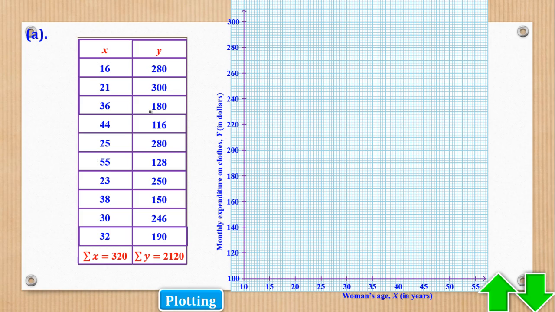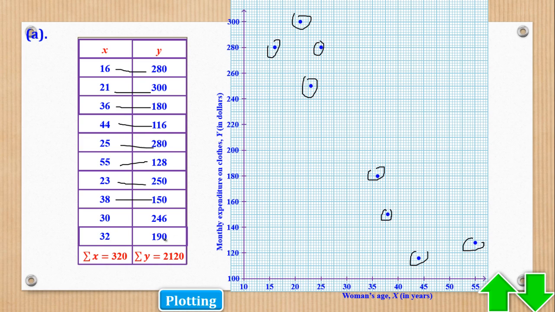Then from there, we're going to now plot. 16 corresponds with 280, which gives that. 21 corresponds with 300. 36 with 180. 44 with 116. 25 with 280. 55 with 128. 23 with 250, 38 with 150, 30 with 246, 32 with 190.